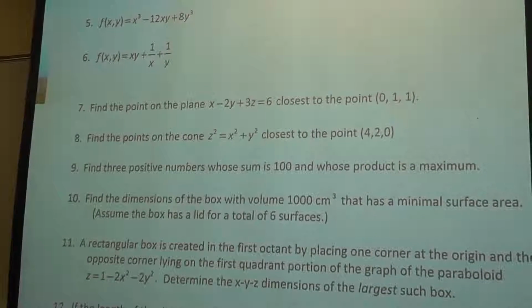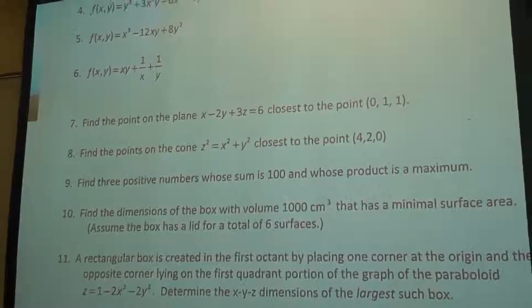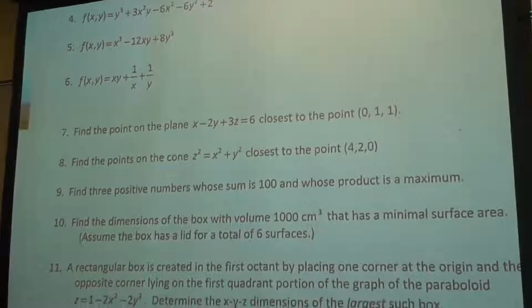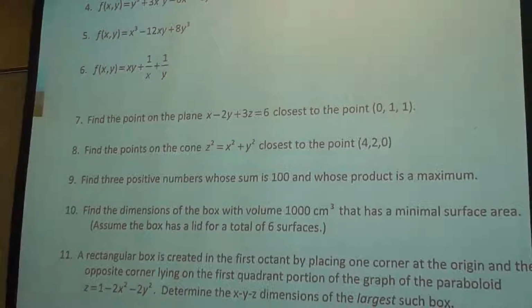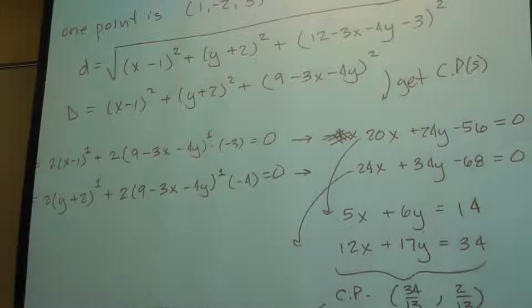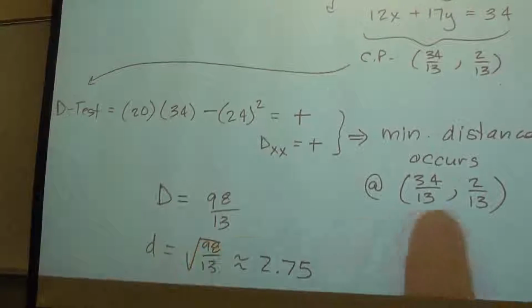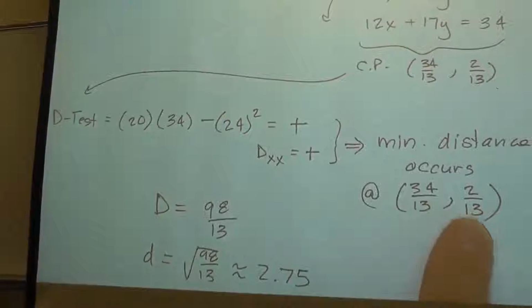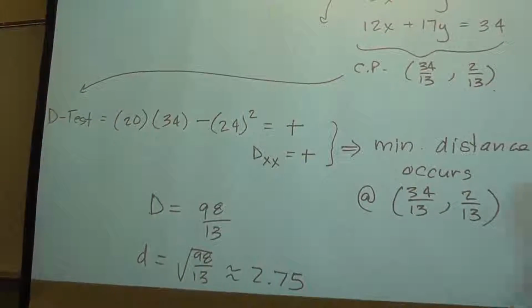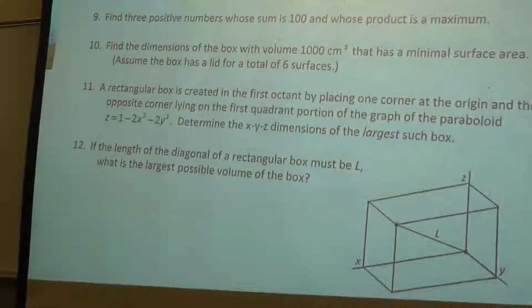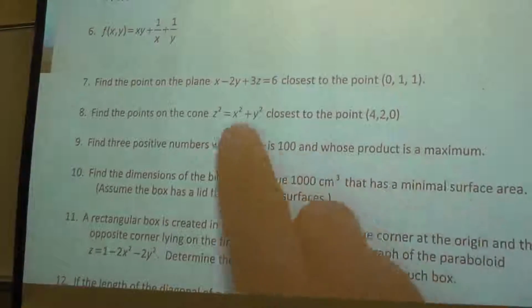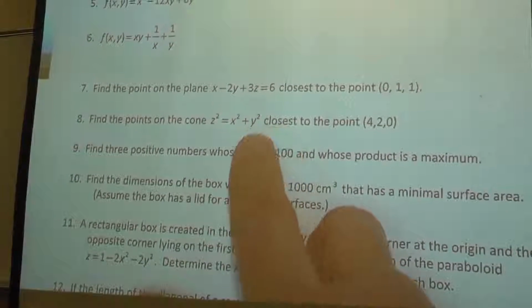So it's the same rudiments, the same problem, but your answer is a point on the plane that produces that minimum distance. In other words, you don't have to do this step right here at the end. You just want to find the x, y coordinates and then find the z coordinate that comes from the plane.